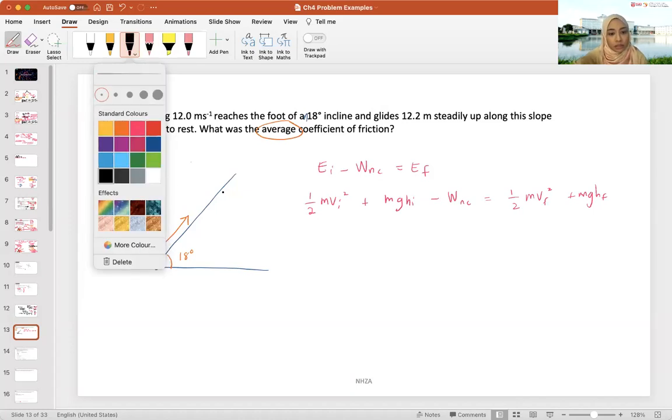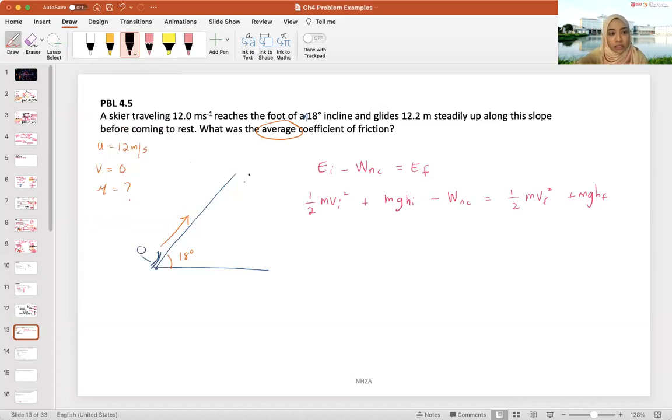So the first thing that we need to know when we're talking about potential energy is defining what is our reference point. This is our reference point. We are going to say this is H equals to 0. And then when it glides up, it will reach a point. Oh, dia dah bagi tahu 12.2. So dia glides up by 12.2 up here. So we need to know what is our height over here. So use your sine.